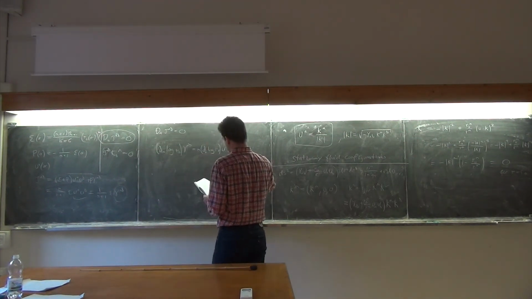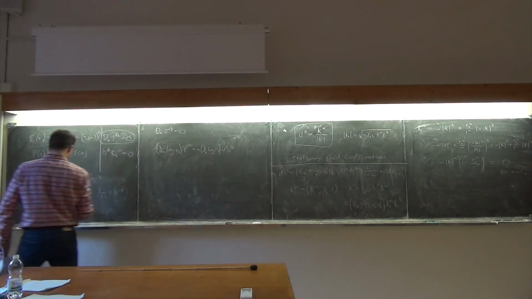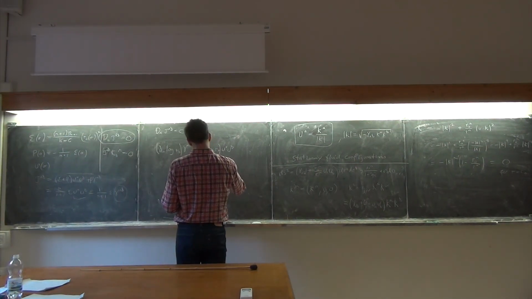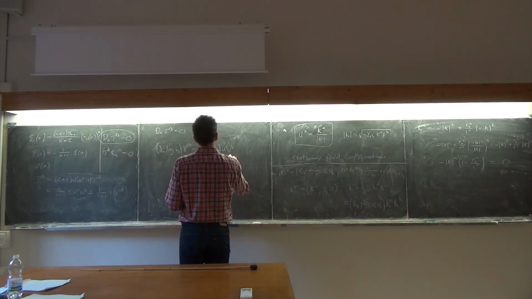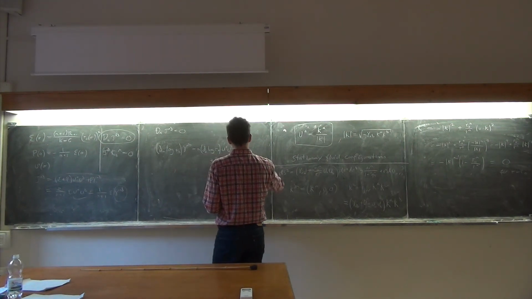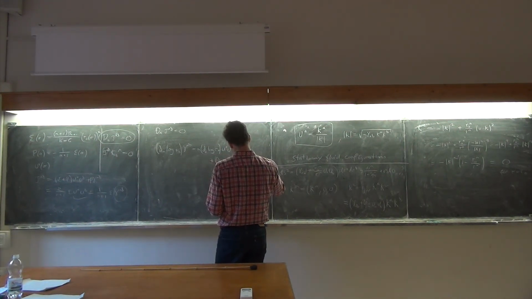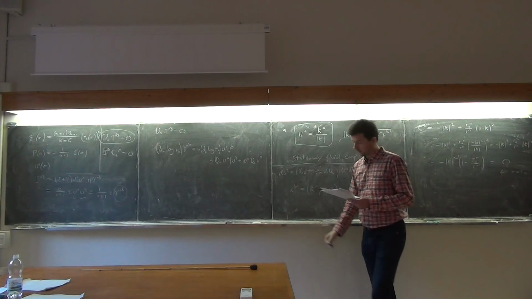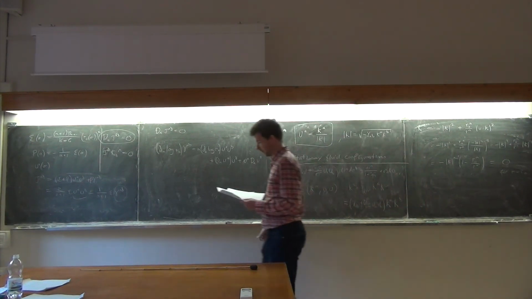And then you also have the covariant derivatives of the velocities, and that gives 2 terms more. So roughly speaking, you can see that it gives something like this.